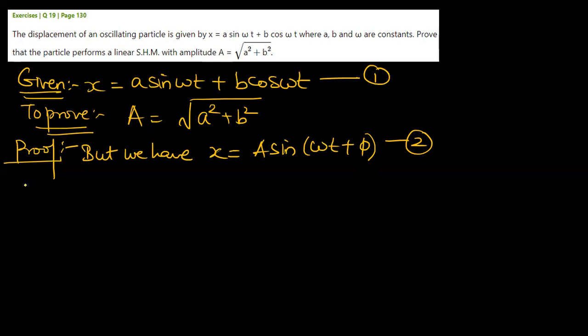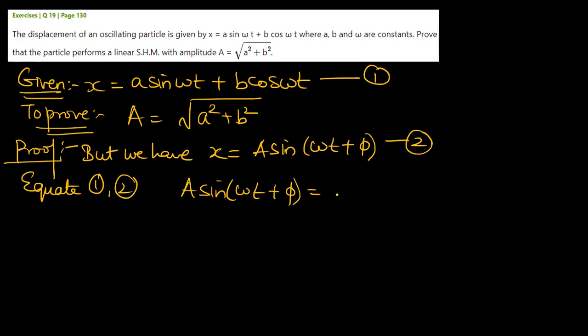I'll equate 1 and 2. So I get A sine omega t plus phi, which is our formula for displacement, equal to a sine omega t plus b cos omega t.